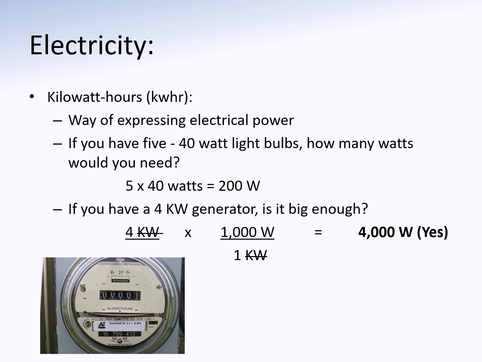So let's say the power went out and you had a generator, right? And that generator was a 4 kW generator, would it be big enough to run those 5 light bulbs? So you've got 4 kW, which, if you were to times that by 1,000, you would get 4,000 watts.